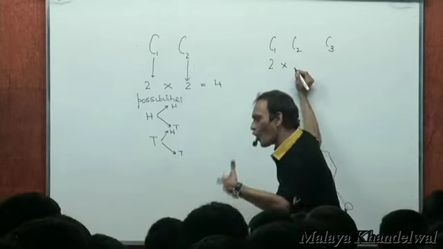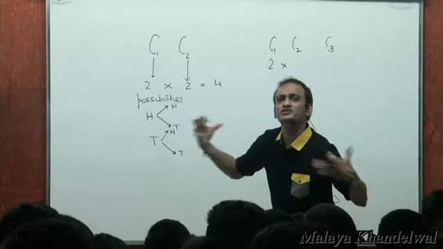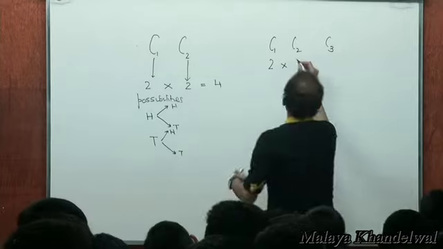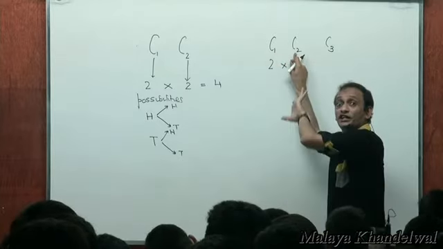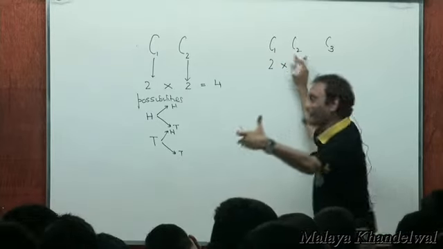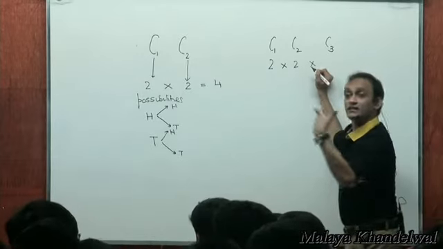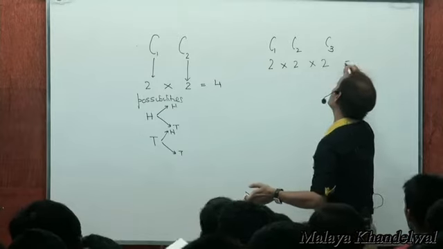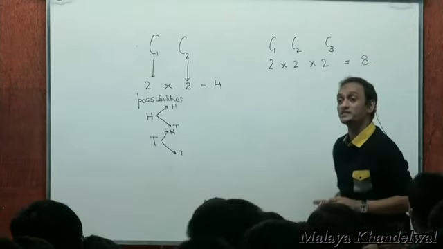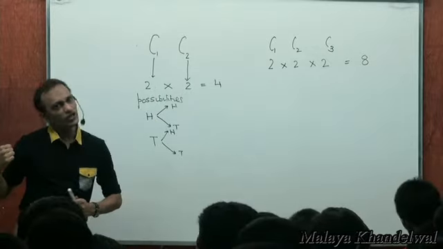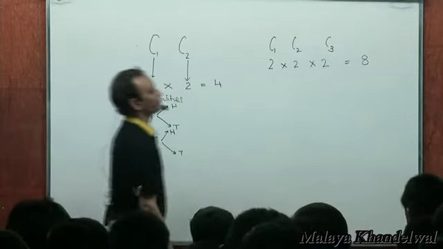So the moment it's an or, intrinsically believe that it's a case of addition. Right? C1 and C2. So when it's and, you are actually multiplying. And then C3, you are again multiplying. So that makes it 8 possible outcomes when C1, C2, C3 are tossed. Yes or no? Yes. Right?